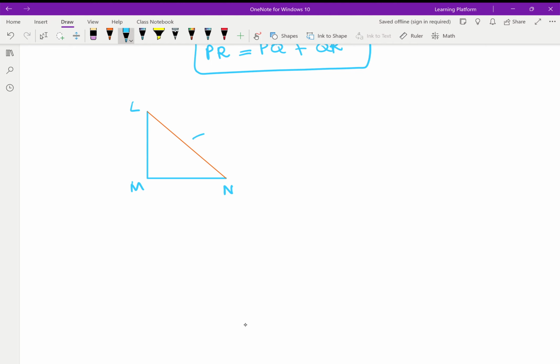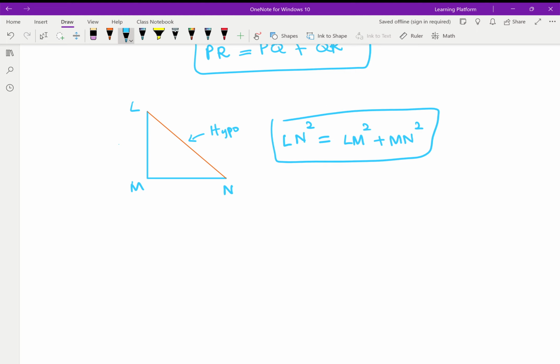This is the hypotenuse. So, LN squared equals to LM squared plus MN squared. I think you understood this Pythagoras theorem. Okay, now let's move on to this trigonometry ratios.